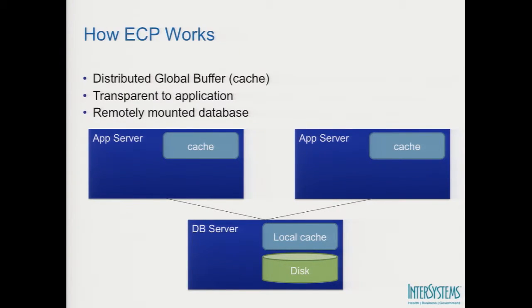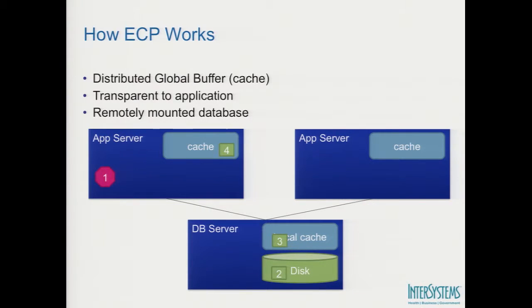So what happens if a process on app server 1 requests data? The data most likely sits on the disk on your database server. The database server would bring this data to its local cache, and then it would bring the data to the cache of the app server. Looks fairly simple and straightforward.